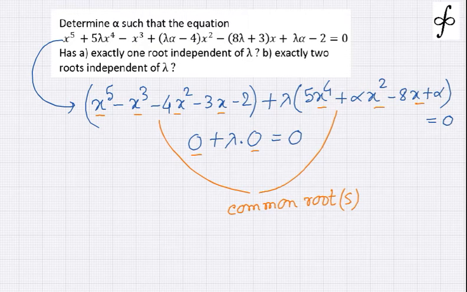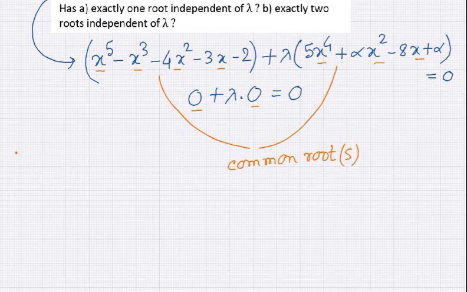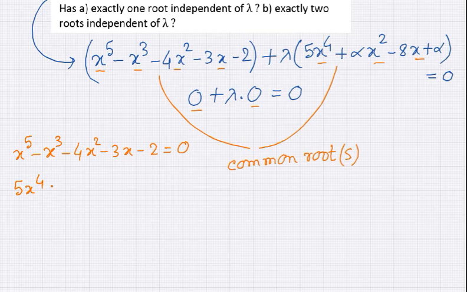So now let us separate the two equations out. The first equation is x^5 - x^3 - 4x^2 - 3x - 2 = 0, and another equation is 5x^4 + αx^2 - 8x + α = 0.